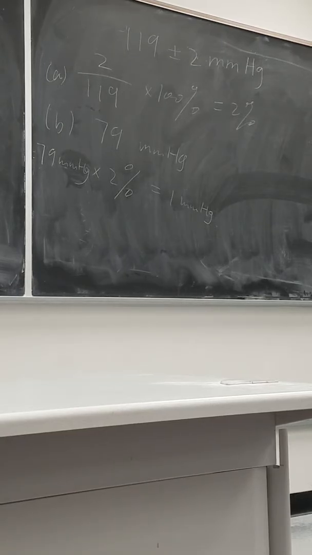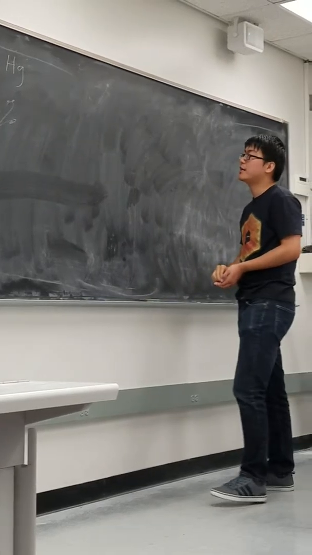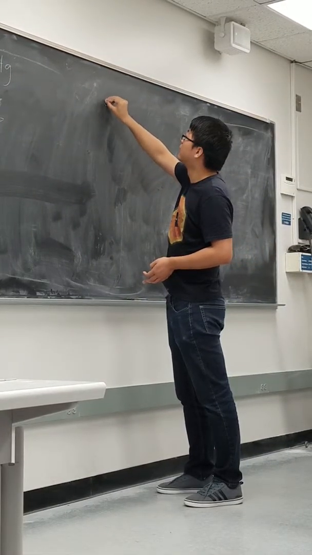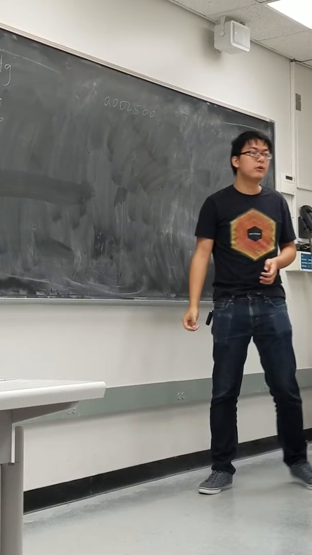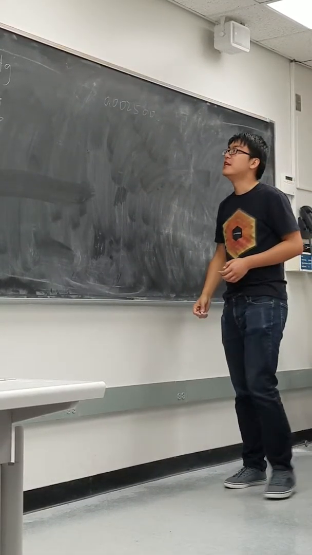Okay, next one is about significant digits. So how to count significant digits? Let's use an example. When you count significant digits, you always start from the first non-zero digit.